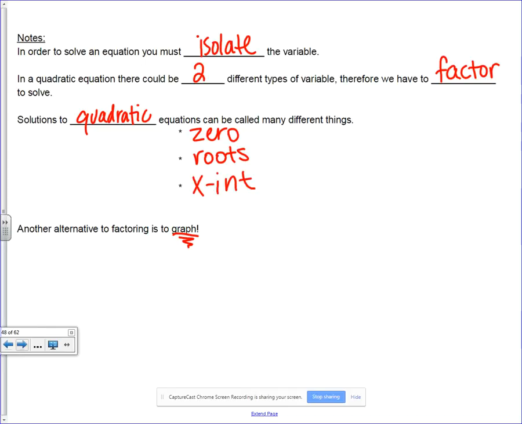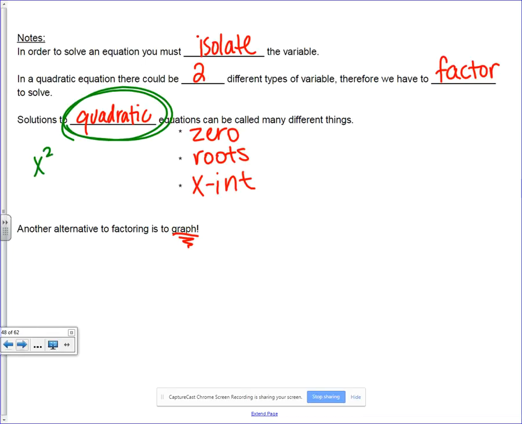Now, folks, I want to stress to you that this is only true for quadratic equations. What does quadratic mean? Gotta speak up. What does quadratic mean? What does the equation have to have in it if it's quadratic? A squared. The highest power has to be 2.